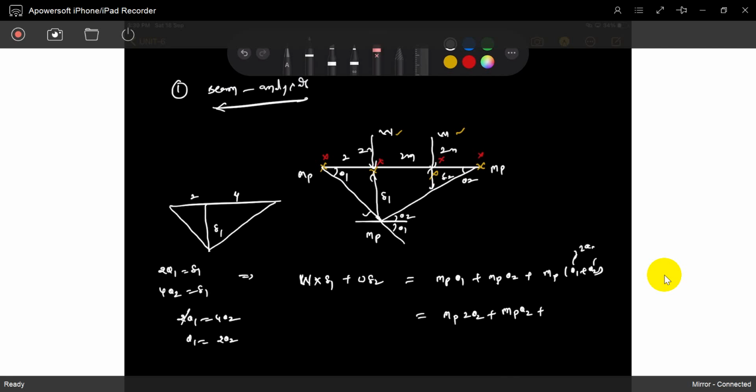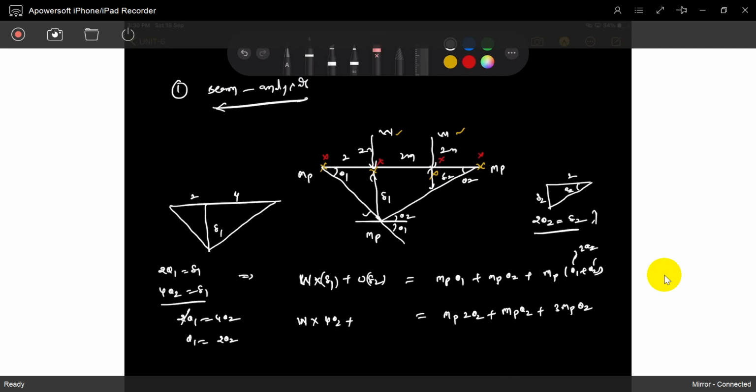So delta 1 I also write in theta 2, which is 4 theta 2, and delta 2 also I write in theta 2. So what is theta 2? This is delta 2, this is theta 2, this is 2. 2 theta 2 is delta 2.